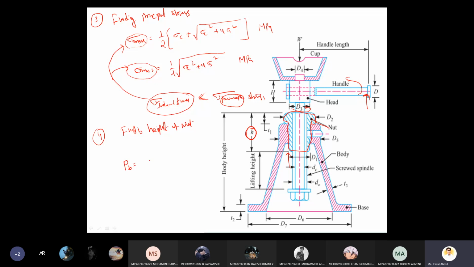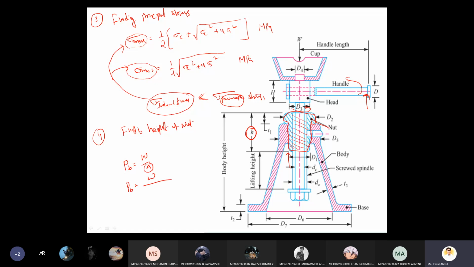What is bearing pressure? Bearing pressure is nothing but pressure, load by area. So what is the area here? It is the portion where the spindle and screw make contact. So I'm writing here, bearing pressure equals load by area.